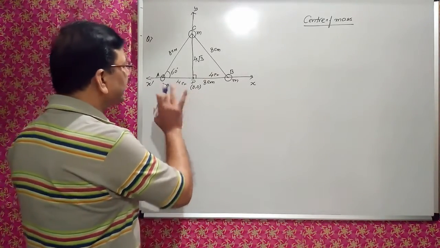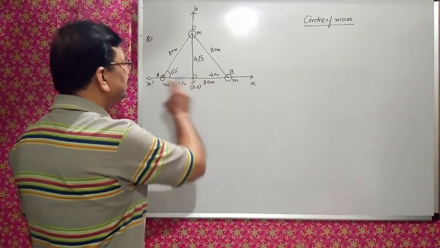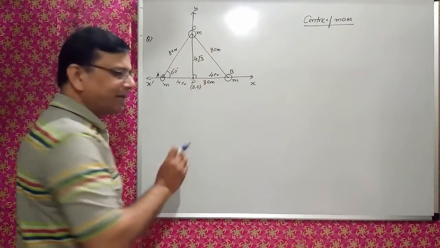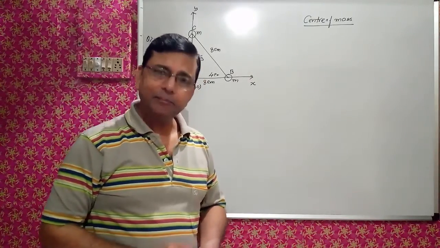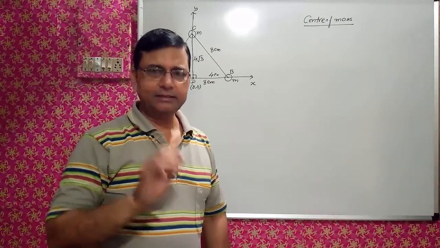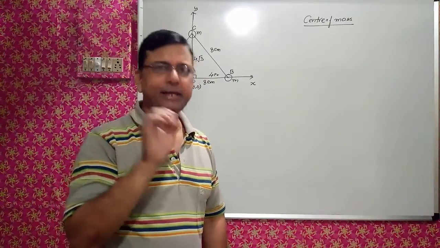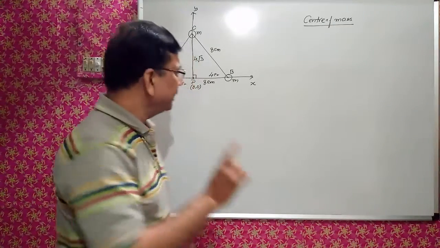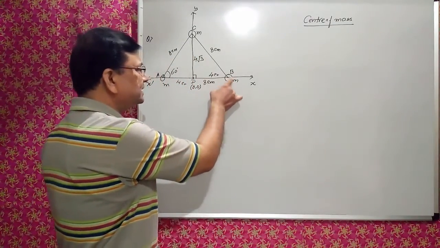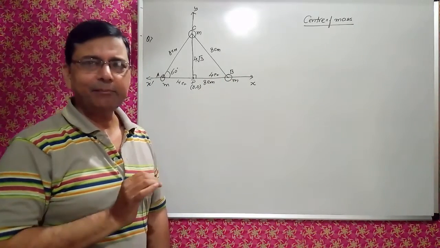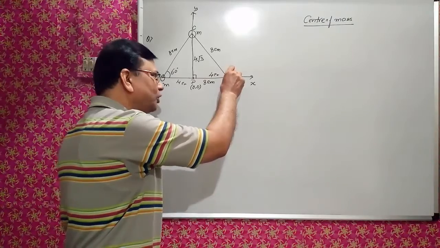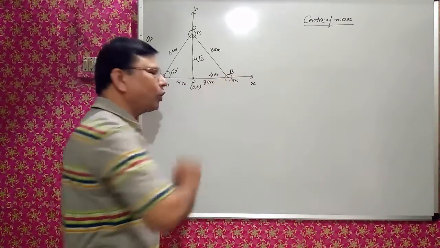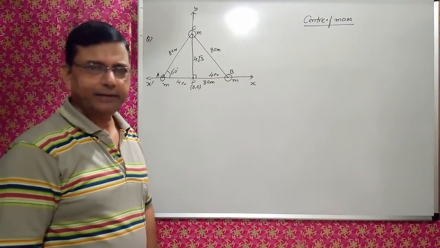So I will write the coordinates of all these points A, B and C wherever masses are kept. Right. I'll repeat one thing. Just nicely get it embedded in your mind that whenever I say mass is kept over here, then I am talking about the center of mass of this object lying at the corner of this triangle, right?